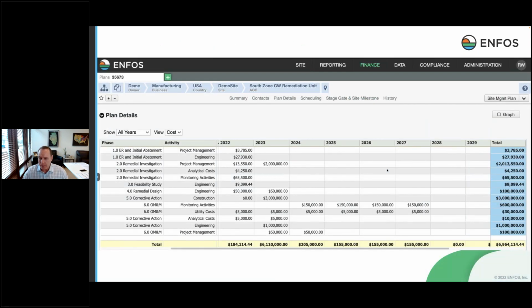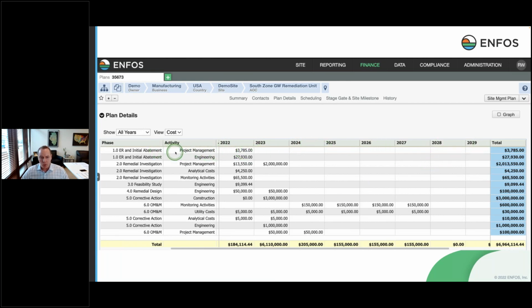So here's an example. This is a screenshot from ENFOS. And this is in this refined planning and forecasting bucket, but I just wanted to point out a few things. Here you see a two-level work breakdown structure, phase and activity. You also see your timeline planning horizons. This can go out as far as your business needs.